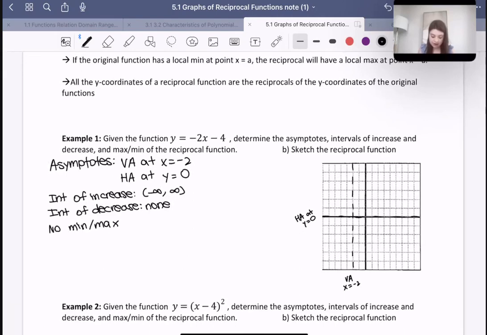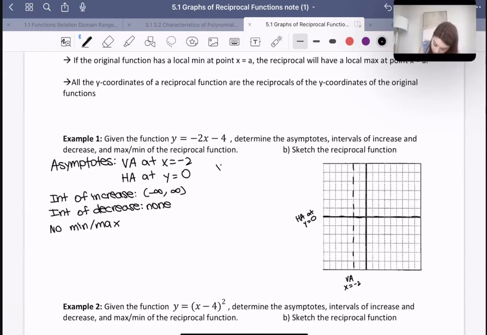If we plugged into our original function, y equals -2 times 3 minus 4, that would be -10. So that means 1 over 10 would be the answer for our new function, right? 1 over 10.